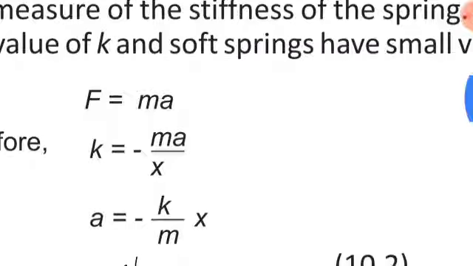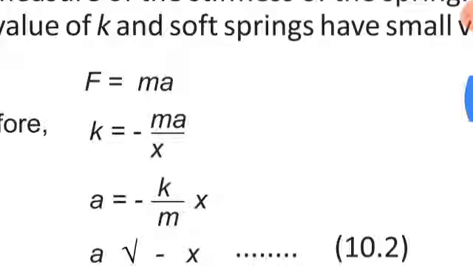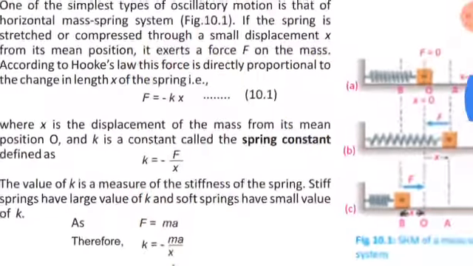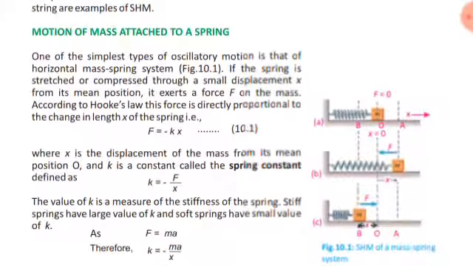So students, the acceleration is directly proportional to the displacement. That is it about the motion of a mass attached to a spring. Students, in this topic the mathematical form is very important, and you have to label the diagram as well, and give a little bit of explanation in the mathematical form.